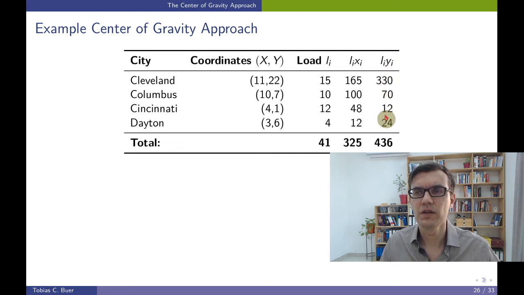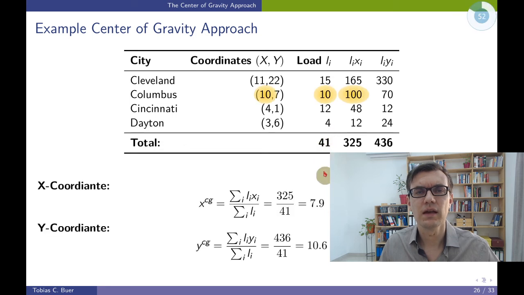And I sum up the values in the x and y column. The total load is again also the summation of the load of each individual city. And then I can calculate the x-coordinate of the center of gravity. I call it CG. And the x-coordinate is 7.9 and the y-coordinate is 10.6.